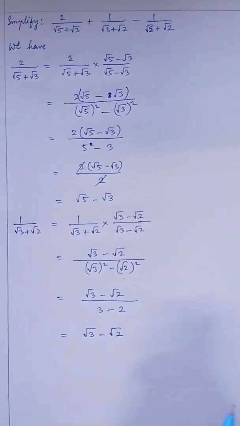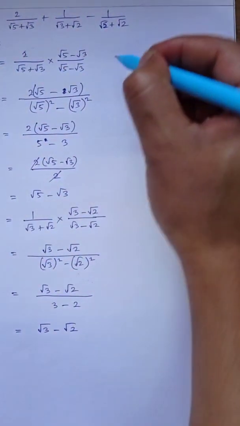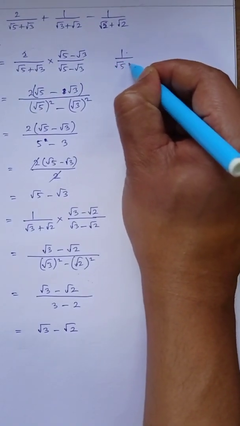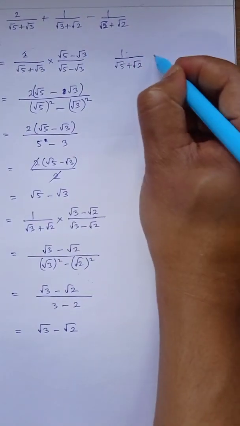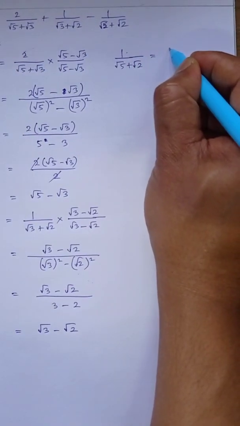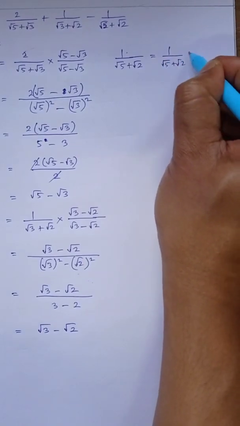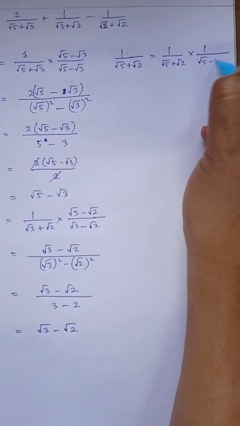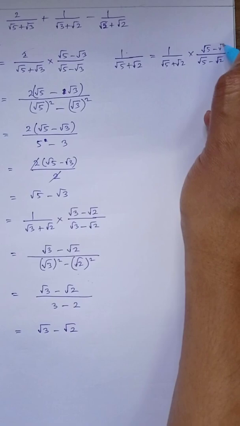Then the next one would be 1 by root 5 plus, I'm just writing it on the side because I don't want to use a new page. So this is 1 by root 5 plus root 2 multiplied by root 5 minus root 2. Here also it will be root 5 minus root 2.